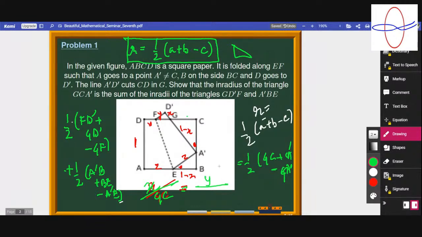Y by CA dash, right? Right, guys? Did you get this point?